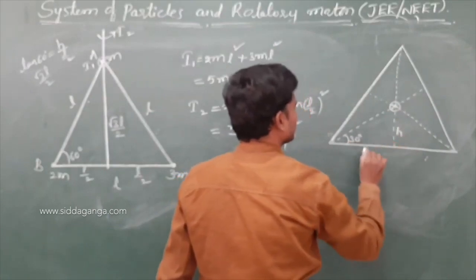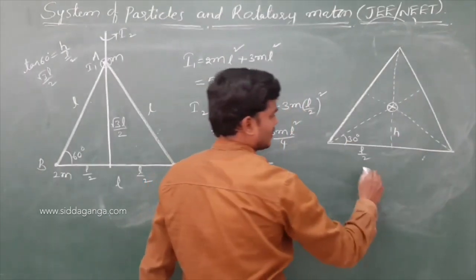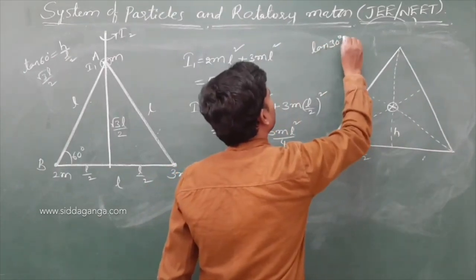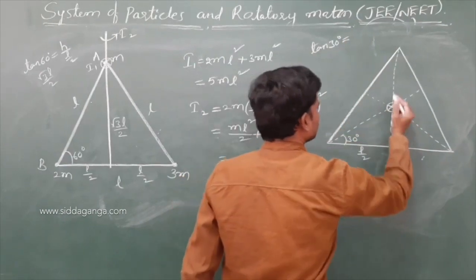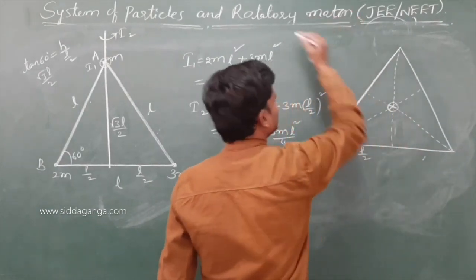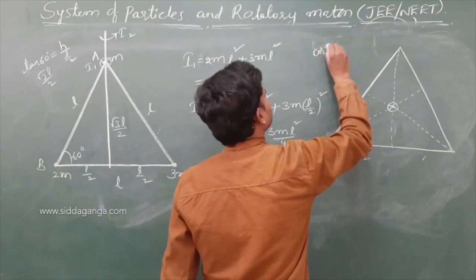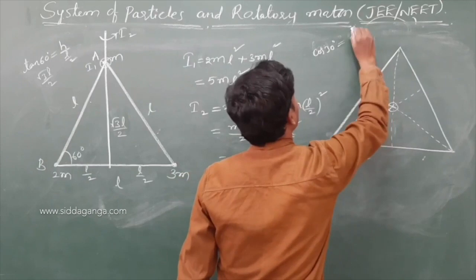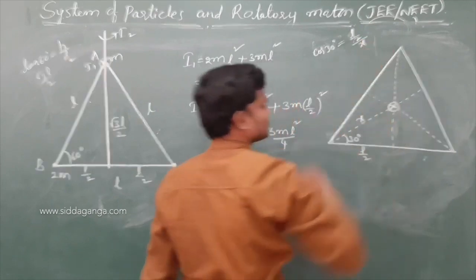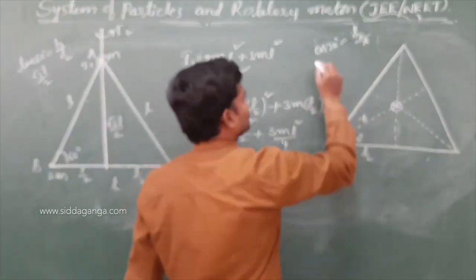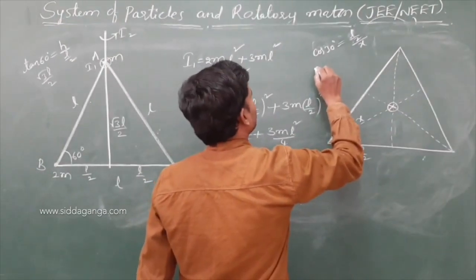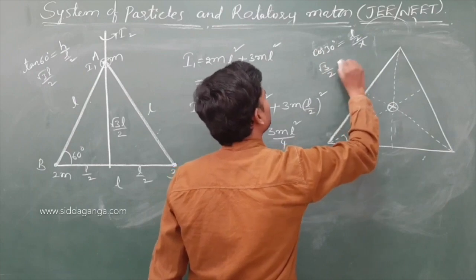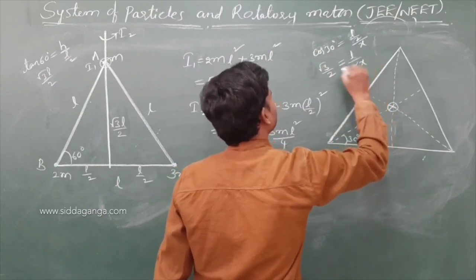Let us suppose this is H, and this is L by 2. Target is this distance, so let us take it as x. Use cos 30, which is L by 2 by x. So cos 30 is root 3 by 2, equals L by 2x.